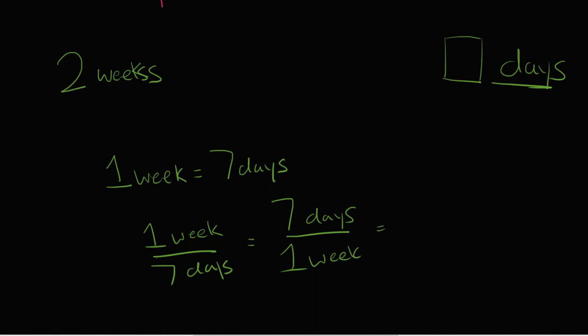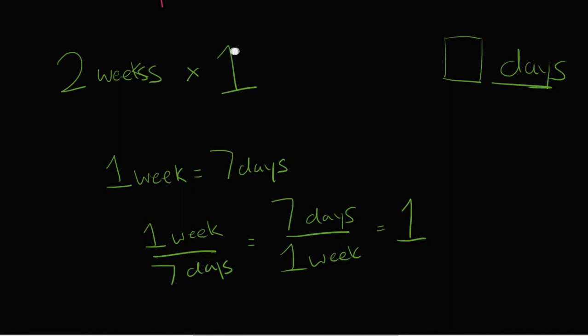These are both equal to 1, right? So what I'm going to do is I'm going to multiply 2 weeks essentially times 1. So I can get back the same value. The issue is that multiplying by 1 is not going to help me in this case because I'm not going to get rid of any units.